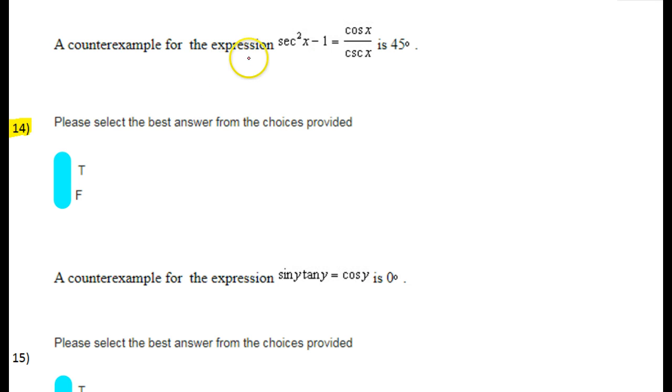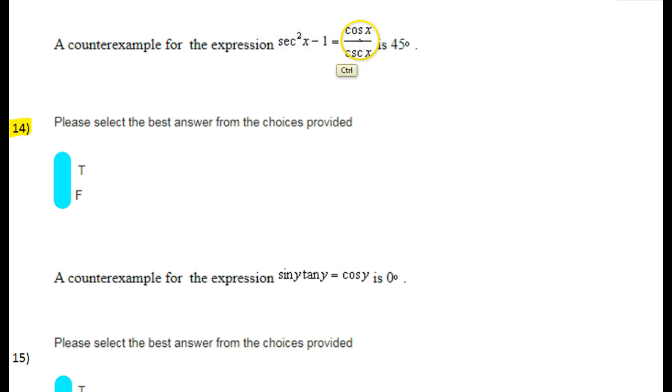A counterexample for the expression secant squared x minus 1 is equal to cosine x over cosecant x is 45. True or false? So if 45 is a counterexample, then that means that 45 will make this false.